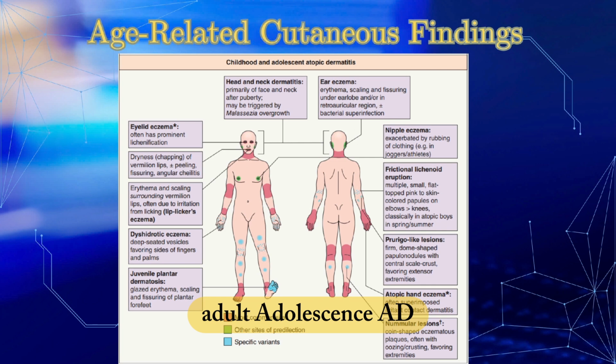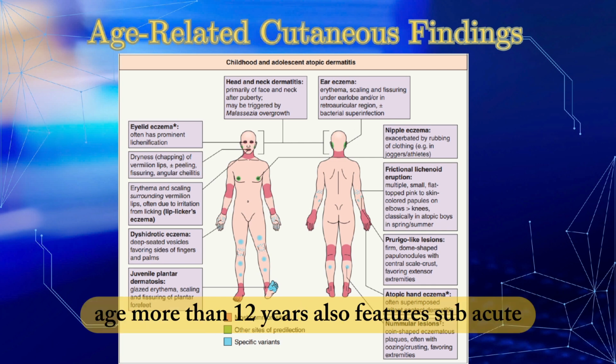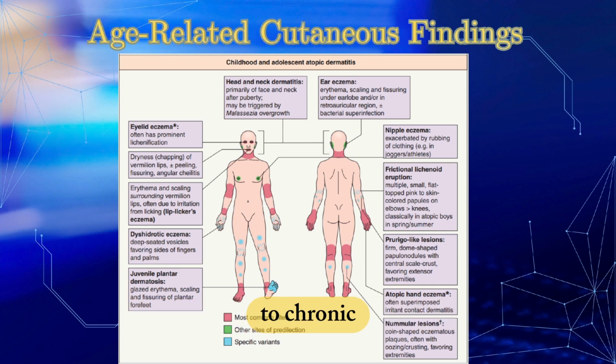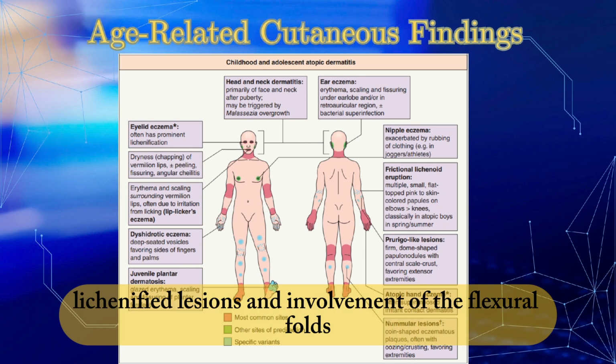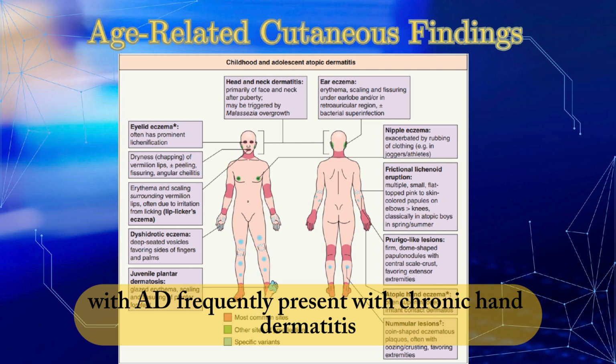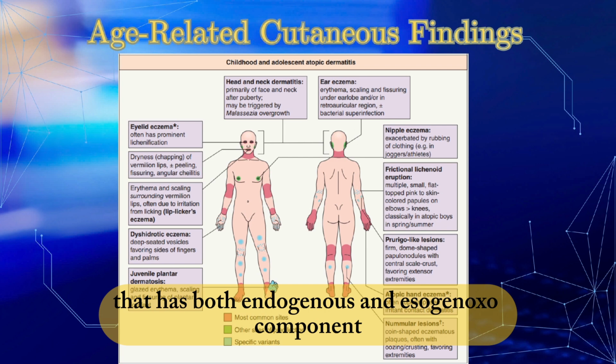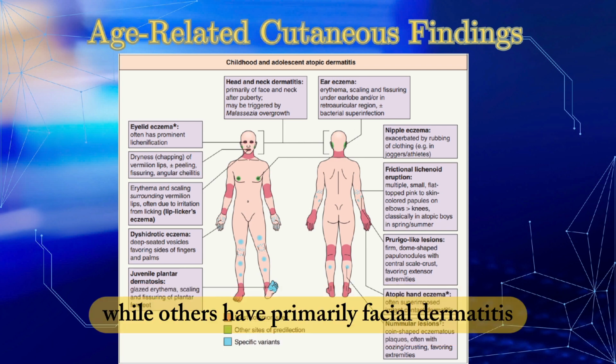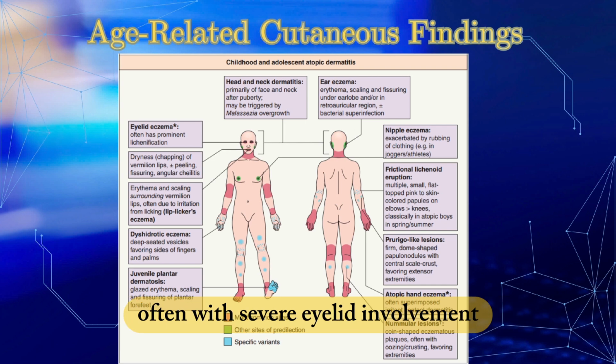Adolescent AD, aged more than 12 years, often features subacute to chronic lichenified lesions, and involvement of the flexural folds typically continues. However, the clinical picture may also change, with some patients with AD frequently presenting with chronic hand dermatitis that has both endogenous and exogenous components, while others have primarily facial dermatitis, often with severe eyelid involvement.